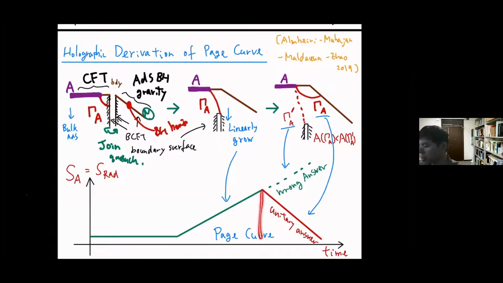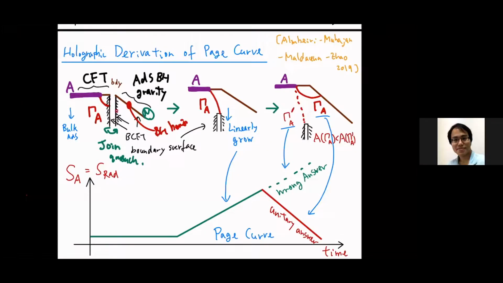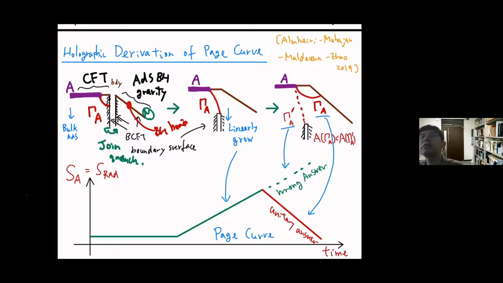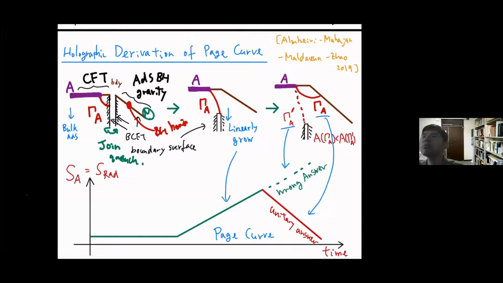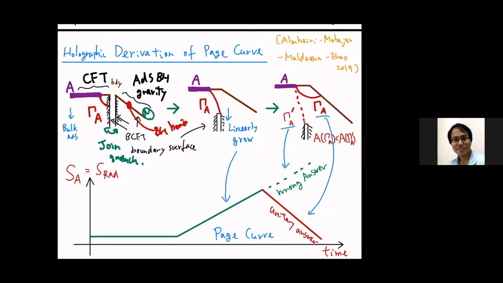And of course, this value is the black hole entropy. This comes from the contribution from here, or maybe this length. Without the black hole, this picture is not correct. Actually, without a black hole, we can also have this kind of behavior.